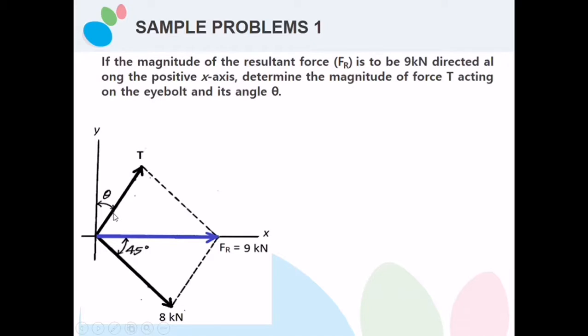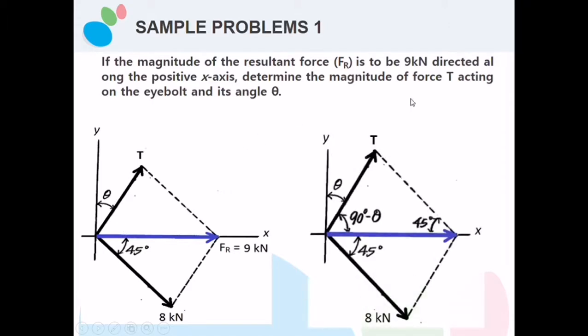So in order to get the angle here, we say 90 degrees minus theta. This is taken from the basic concept of plane trigonometry, that a perpendicular is 90 degrees. The y-axis is perpendicular to the x-axis, that is why this is 90 degrees. And we have a theta here, so the angle here is 90 minus theta.